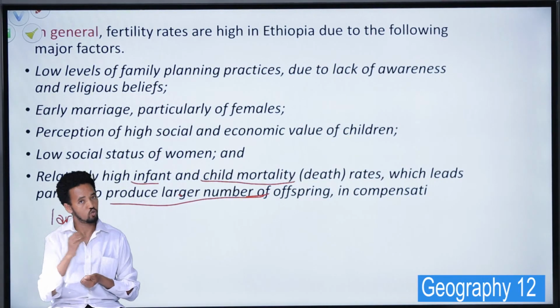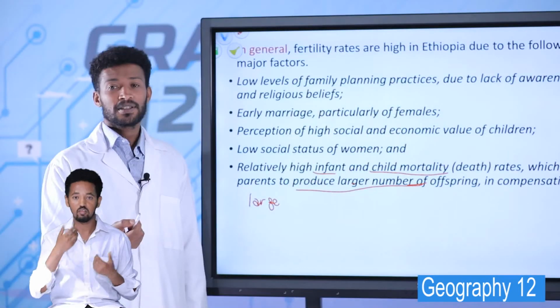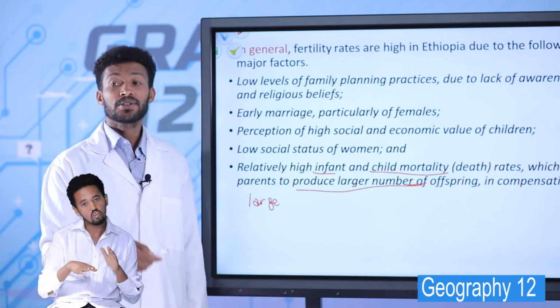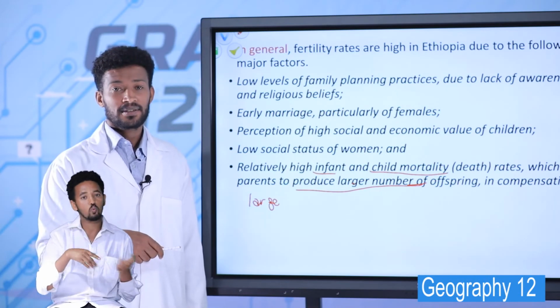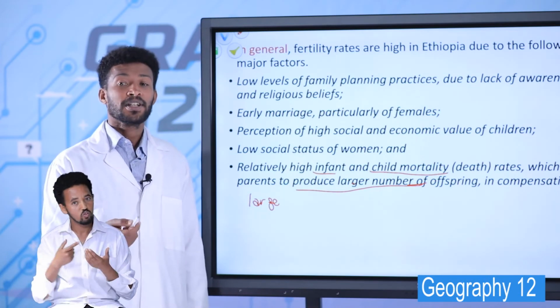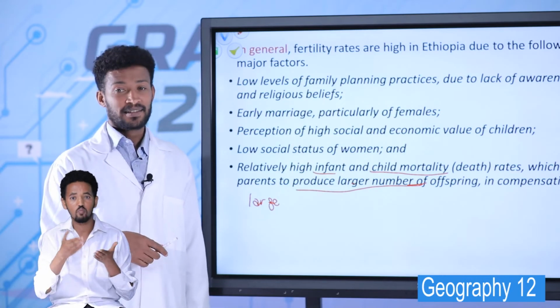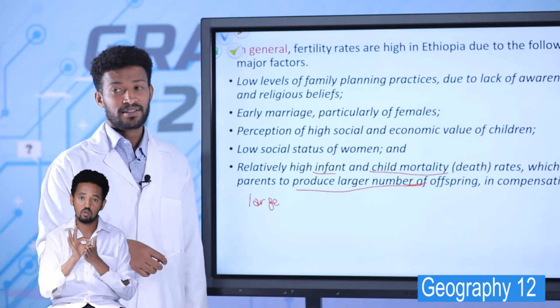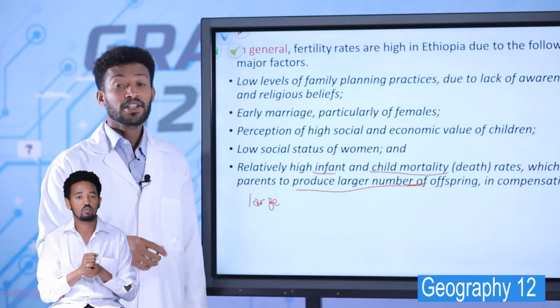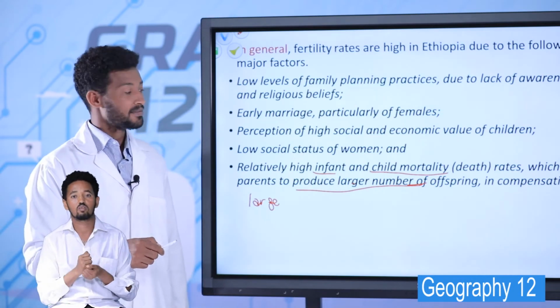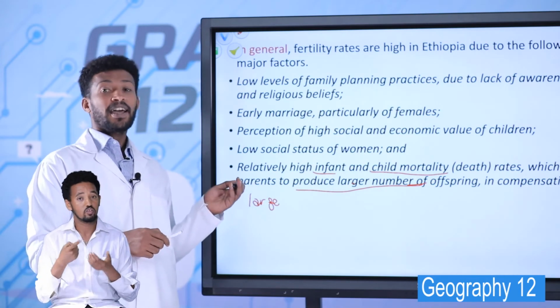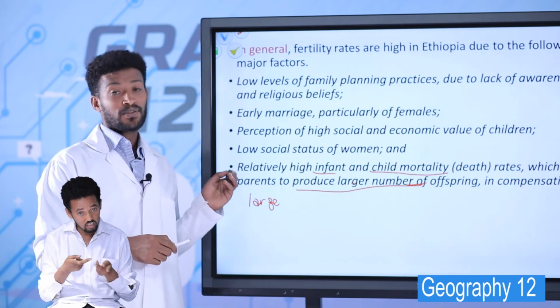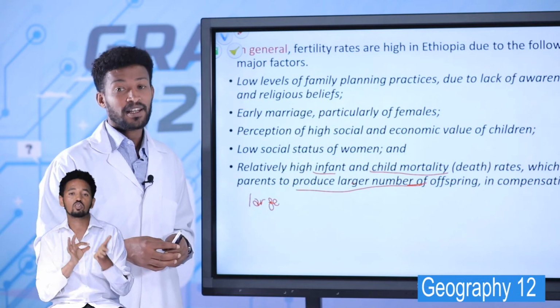So the parents have a fear of losing their children due to death, and they try to compensate for death by bearing a large number of children. Fear of death, in short, plays a great role in the large number of children parents have.